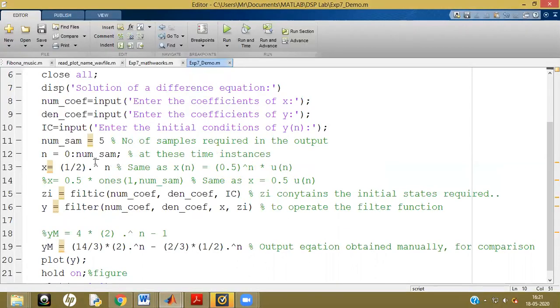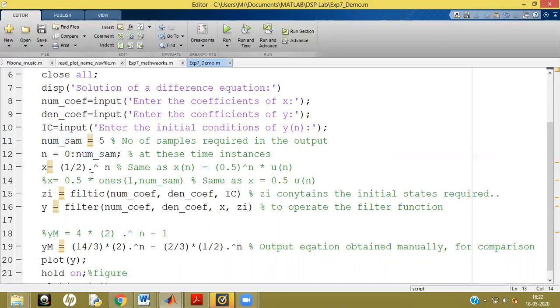Okay, and you're going to create a variable called n. So all calculations will be happening at these values. So it basically depends on how many samples you wanted. So if you wanted five samples, what I have considered is from 0 to 5. So there will be actually six values calculated over here. Maybe you can subtract one over here, so doesn't matter.